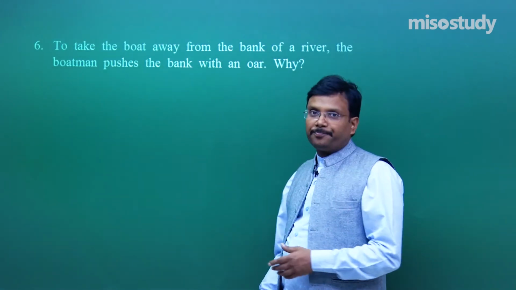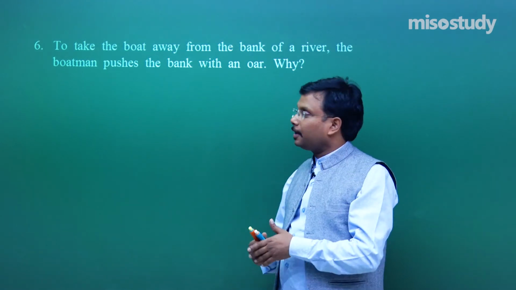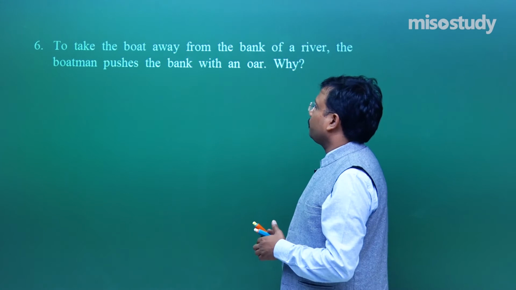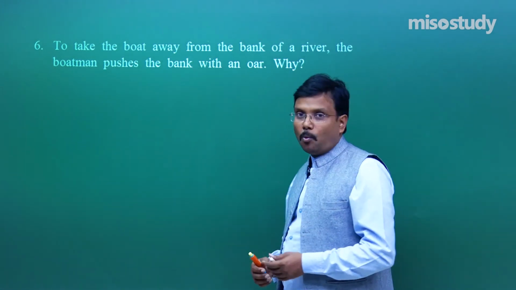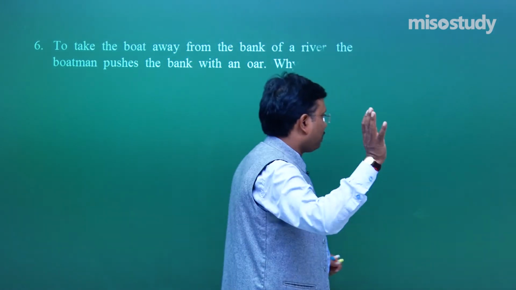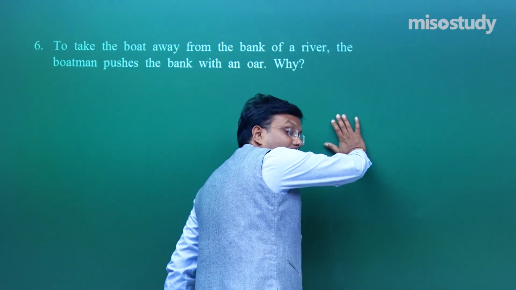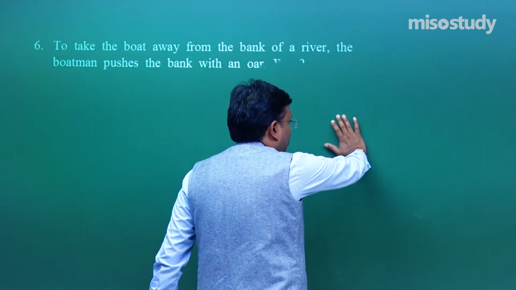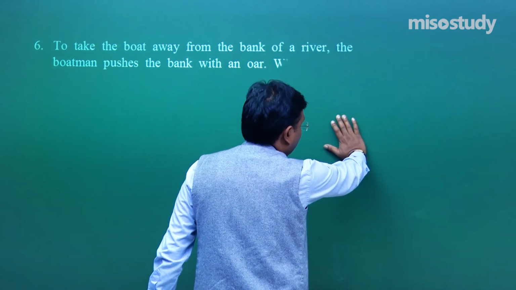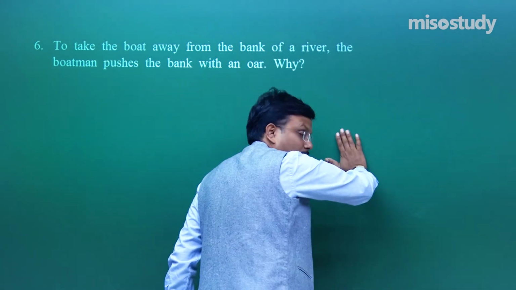Sixth question, that is again short answer type. To take the boat away from the bank of a river, the boatman pushes the bank with an oar. Why? Well, the scenario is like this. Let us say I am pushing this green board inside. So, the green board will apply, according to the third law, an equal and opposite force on my palm also, like this.